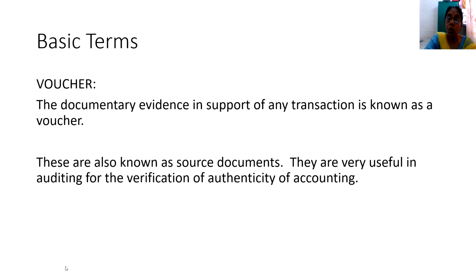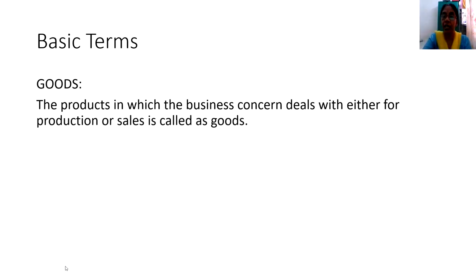In fact, they also act as evidence in the court of law. So, could there be examples of these vouchers? Could it be bills, or the stock registers that are being maintained, and wages being maintained in the form of affidavit signatures. All these would serve as our source documents.